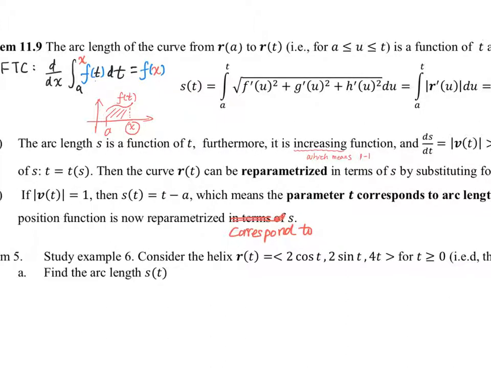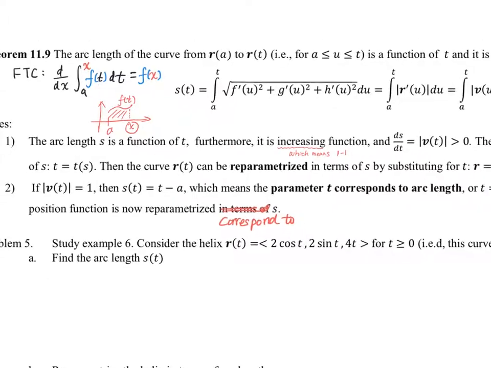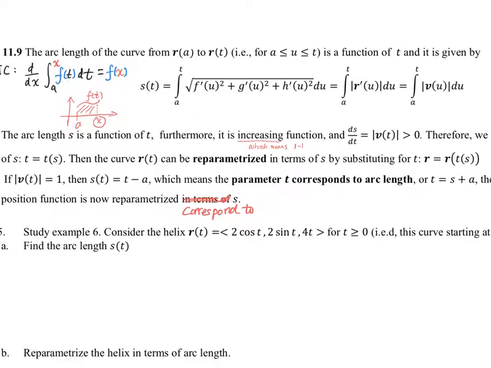So keep this in mind when we look at the derivative of s. Now when we find the derivative of s, we are finding the derivative of this integral with respect to t. So t is your variable. According to the fundamental theorem of calculus we just reviewed, it will recover the function being integrated.